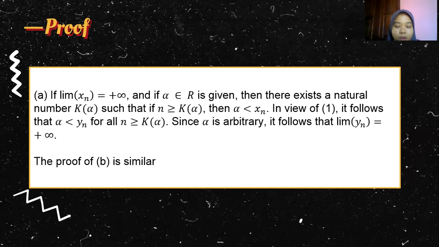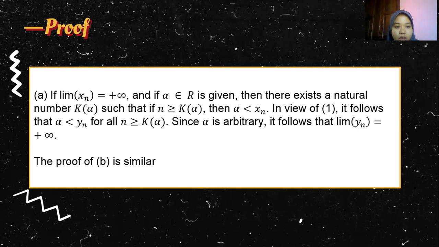In view of (1), x_n < y_n, it follows that α < y_n for all n ≥ K(α). Since α is arbitrary, it follows that lim y_n = +∞. And then the proof of point B is similar.